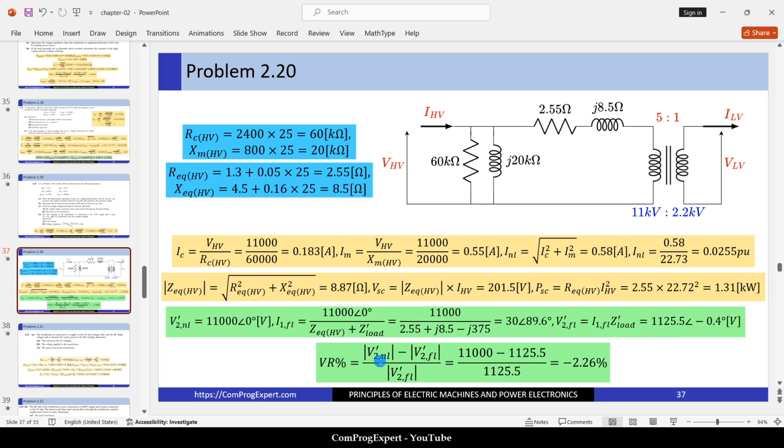Finally, we can use this equation to calculate the voltage regulation. V2 prime no load, V2 prime full load, this definition. We fix the value of the primary voltage and calculate the change in the value of the load voltage, which is equal to negative 2.26%.